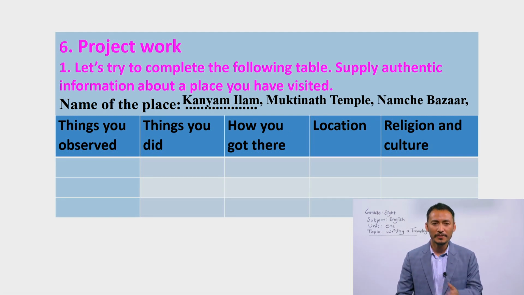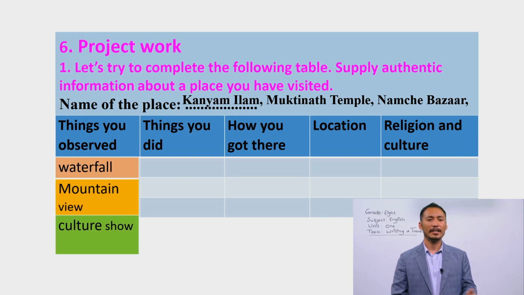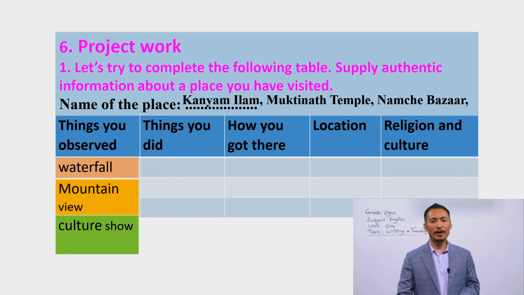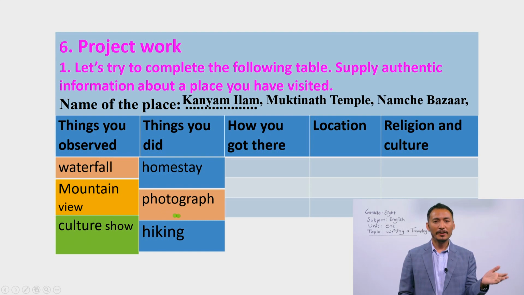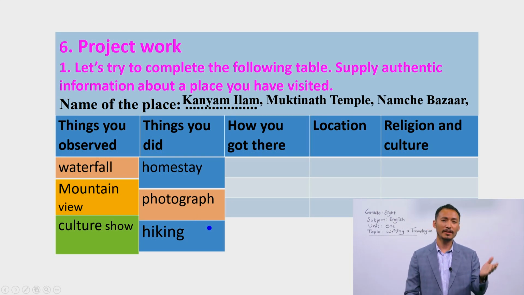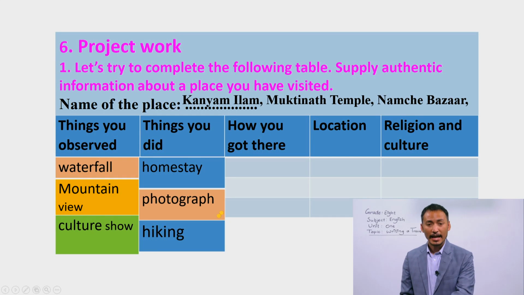Things you observed can be like waterfall, mountain, culture show. Under the things you did might be homestay, or you might have taken photographs, or you might have done hiking. Let's go to the next title of the table, how you got there.